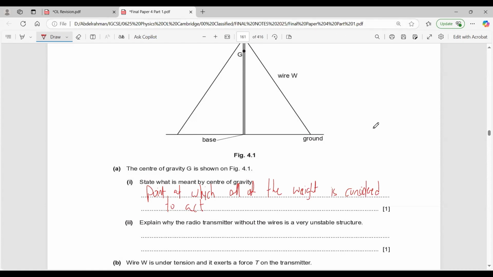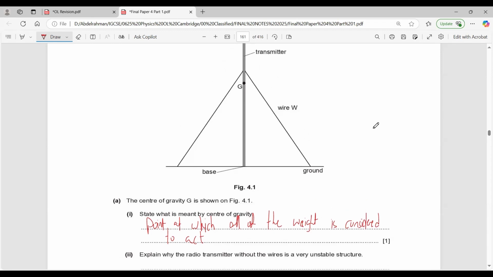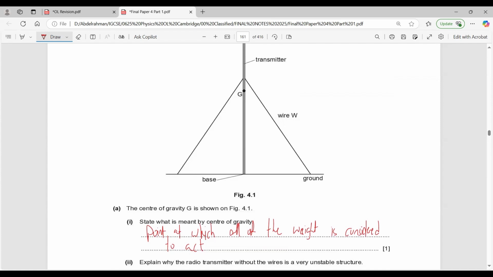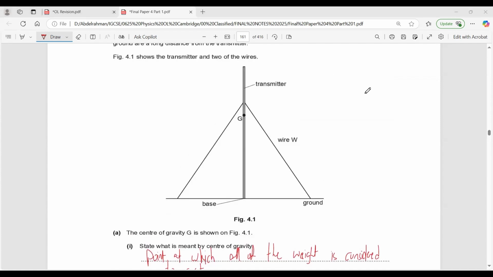Explain why the radio transmitter without the wires is a very unstable structure. Why is the radio transmitter a very unstable structure if you remove the wires? It would be very unstable, that's quite obvious. Why? Because of two things. Yes, high center of mass. The center of mass is very high up. Or you could say because it has a very small base.